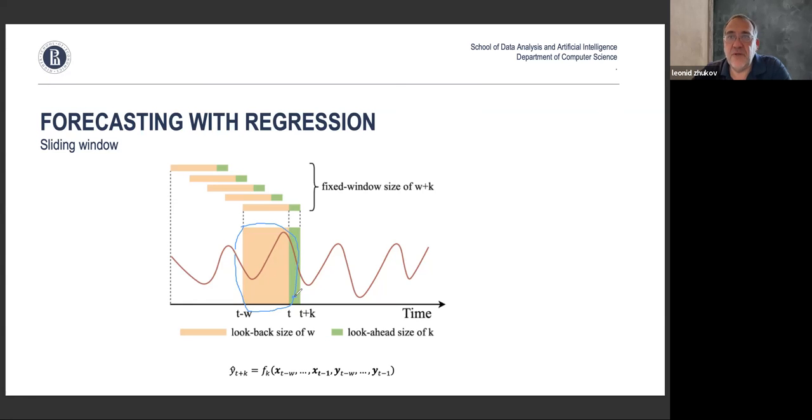If this green window is large enough, you can think about predicting at the end of it, or you have a look ahead of size 1, and then you just predict 1 step out, but you train on the data that is here in this colored rectangle.